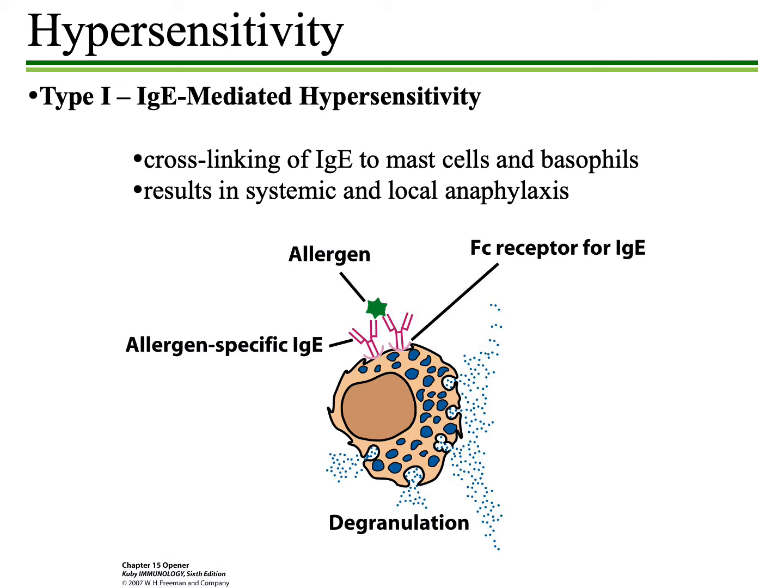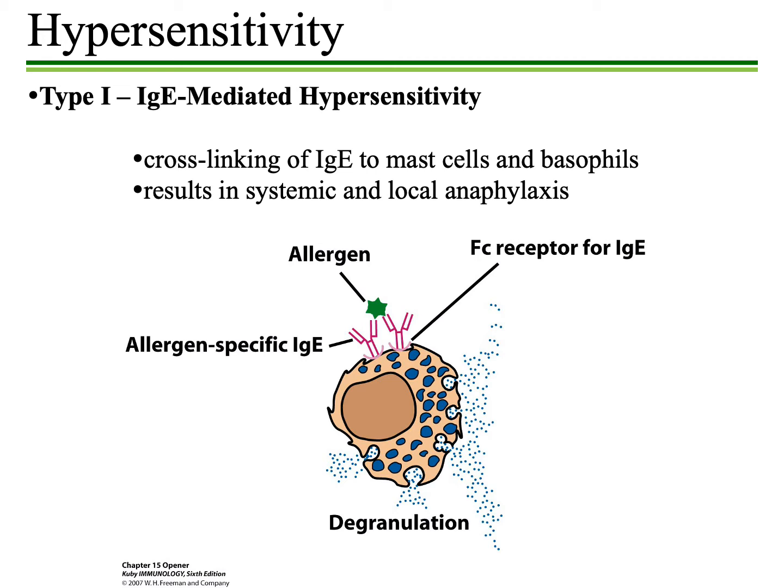Hopefully you recall that IgE is a specific class of antibodies that plays a role in fighting off parasitic infections, particularly against parasitic worms. So these IgE antibodies get produced with the ability to interact with the allergen that triggered the production of this particular class of antibody in the first place.